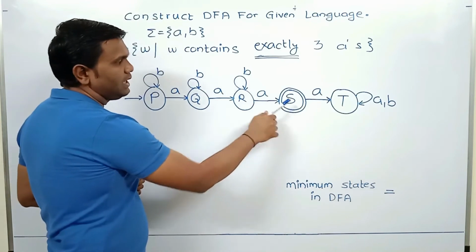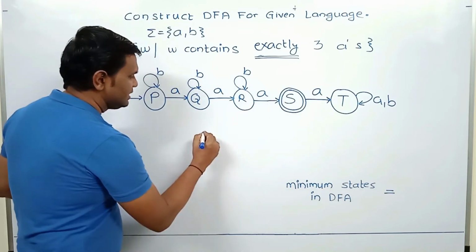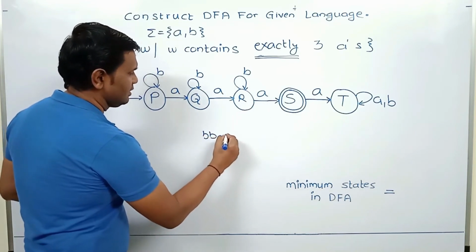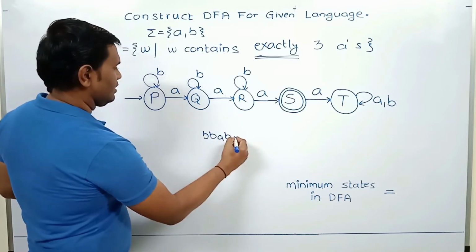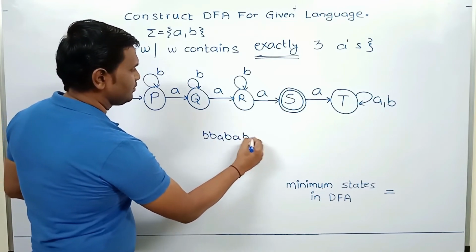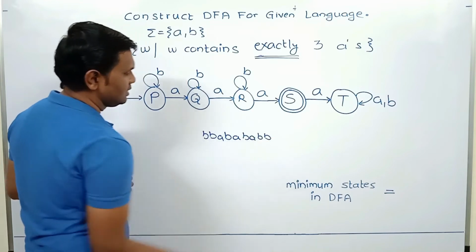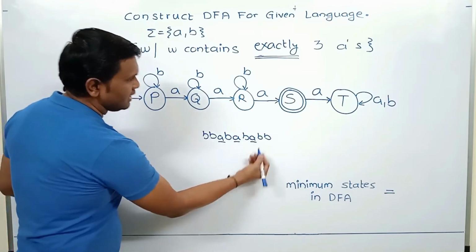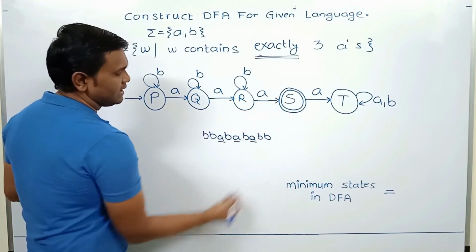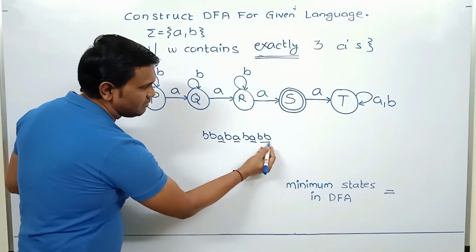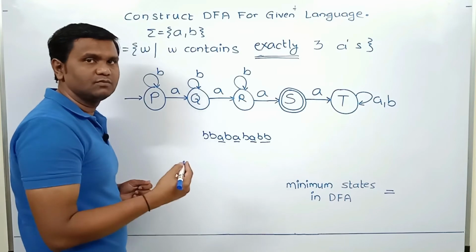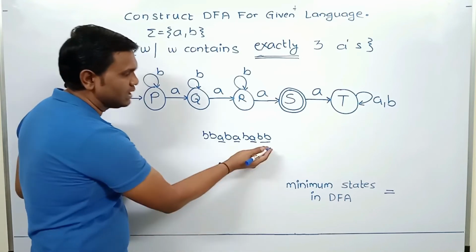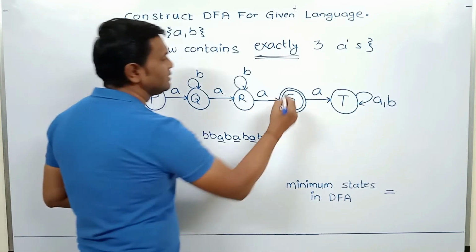Now what about B at S? Now consider strings BB, ABA, BABB. So here first A, second A, third A, we come to state S. After that, there can be any number of B's. We must accept the string. As long as B's are coming, we should accept the string.